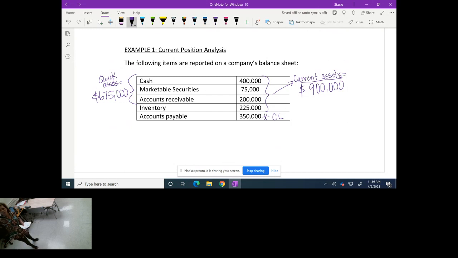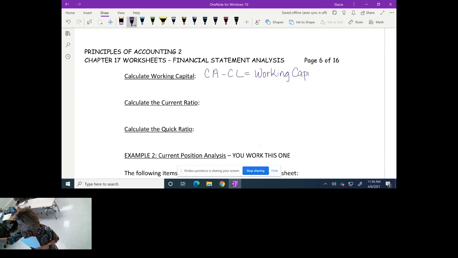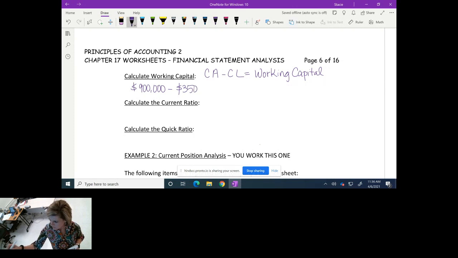All right, so let's do some calculations. Calculate working capital. So working capital is your current assets, and I'm going to abbreviate. If you don't know what my abbreviations are, say something. Current assets minus current liabilities is your working capital. So using our numbers up there, we're going to take 900,000 and we're going to subtract out 350,000.